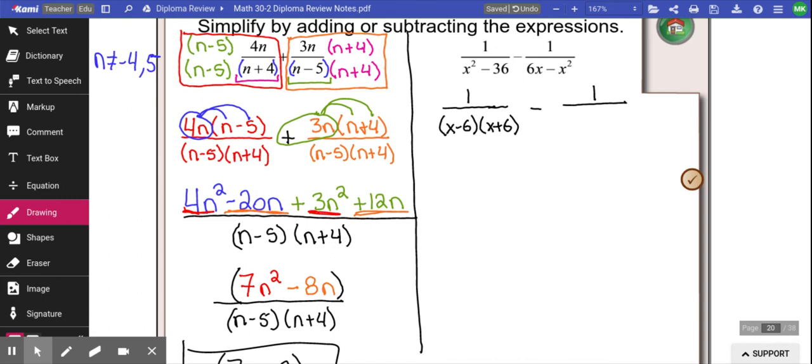I'm going to factor out an x, but I'm actually going to strategically factor out a negative x. The reason I'm going to take out a negative x is that I know it will reverse the order of those things. And the reason that would be handy is that it would now look more like the first fraction. So if I take out a negative x, it would reverse the binomial, and I'd be left with x minus 6.